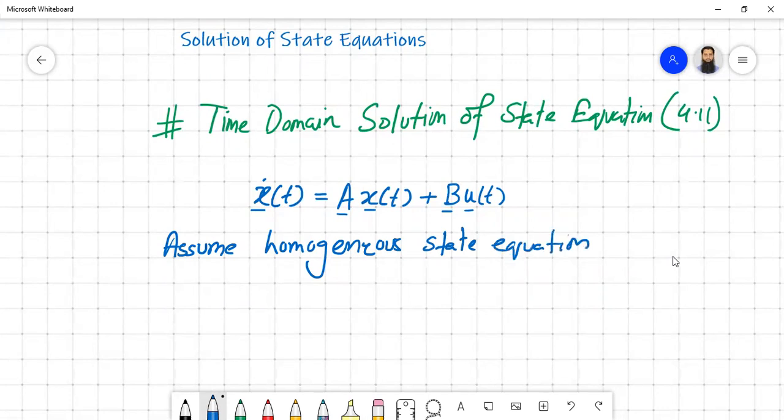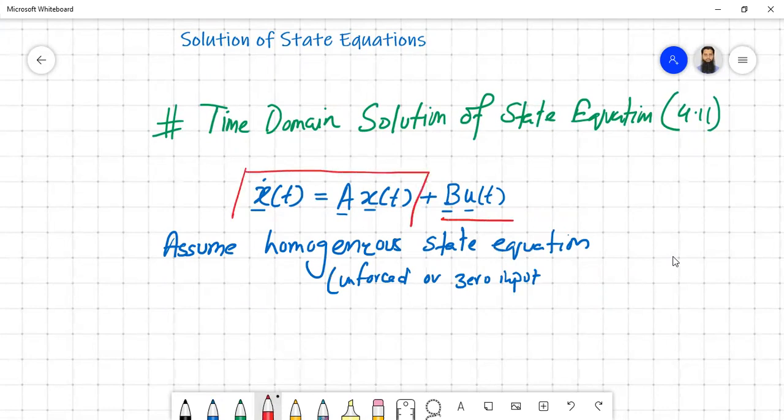Homogeneous means unforced, or zero input. So basically, you are just avoiding the second term. Initially, let us just solve this portion of the equation.